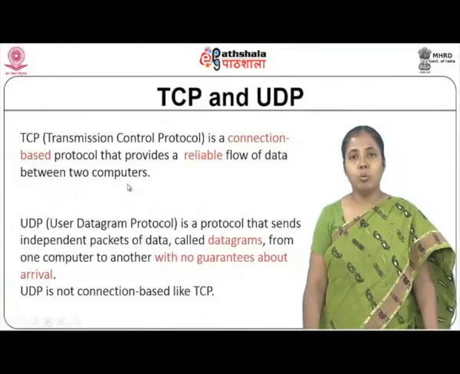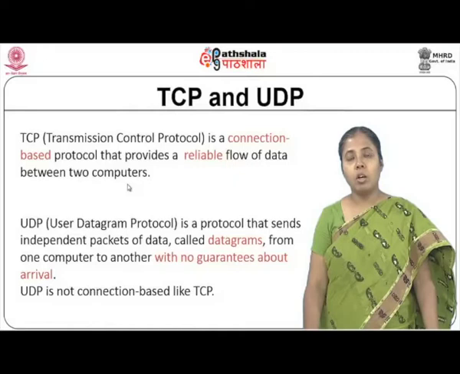There are actually two transport layer protocols, the TCP protocol and the UDP protocol, which make the communication between two endpoints. TCP communication, as we know, is connection oriented, and it provides a reliable communication between two hosts, or a reliable flow of data between two computers.